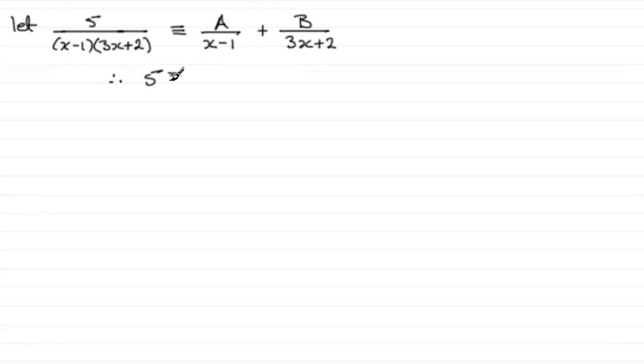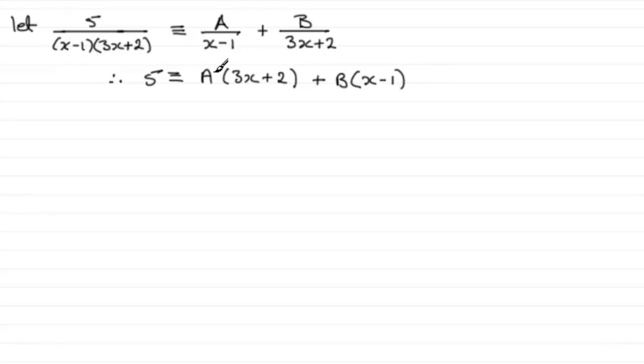And this would be identical to, well, when we take this fraction and multiply it by x minus 1 times 3x plus 2, the x minus 1 gets cancelled and you're left with a multiplied by 3x plus 2. And when we come on to this fraction, multiply it by x minus 1, 3x plus 2, this time the 3x plus 2 gets cancelled and you're just left with b times x minus 1.